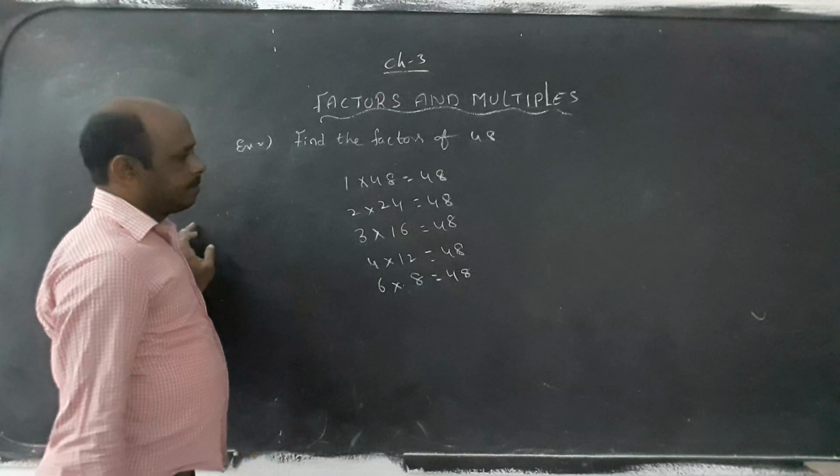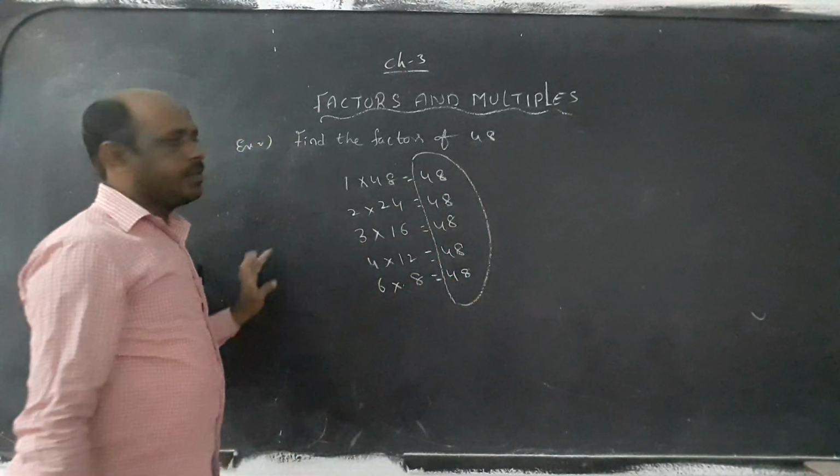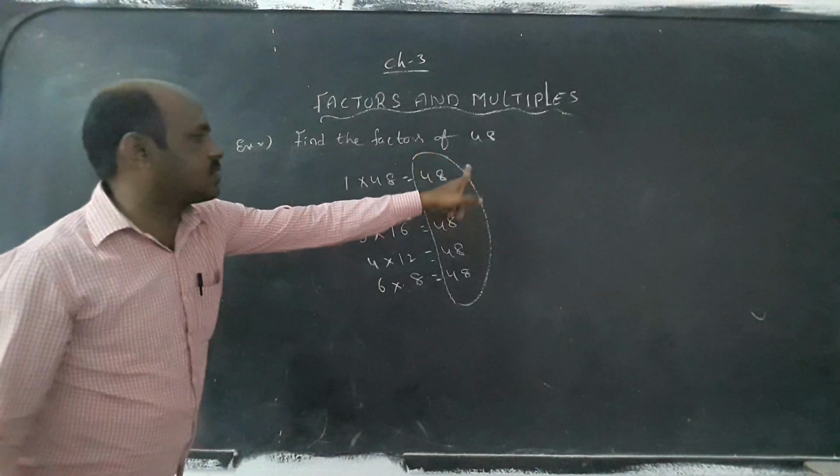Gone, right. Okay, here which one do we have to take common? 48 is common, leave it, because we are finding the factors of 48. All these you can leave it.